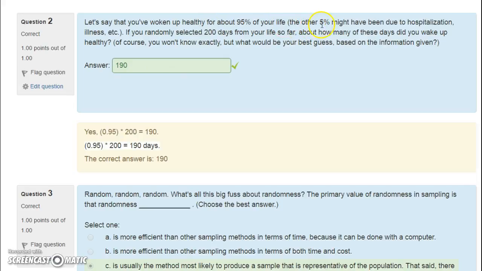On the flip side, 5% that we woke up sick or hospitalized would be 5% times 200 would give us 10. So roughly 190 healthy, roughly 10 sick. And of course, those are estimates, and any given random selection of 200 days may be a little bit off on those numbers, a little bit higher or lower.